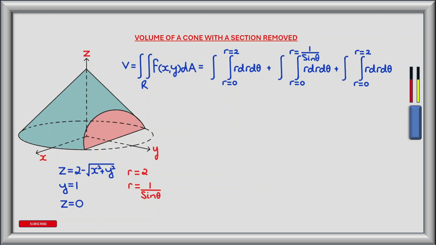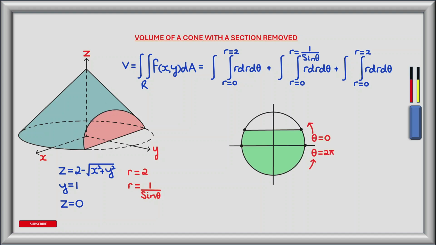I'll deal with the height function f of xy shortly, but let's first find the limits of the outer integrals. So that's when r rotates about the angles of theta. As r rotates in a counterclockwise direction from theta equals 0 to theta equals 2 pi, theta being the angle r makes with the x-axis, the radial distance from the origin is first determined by the circle.